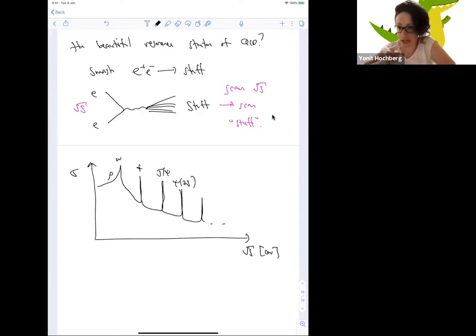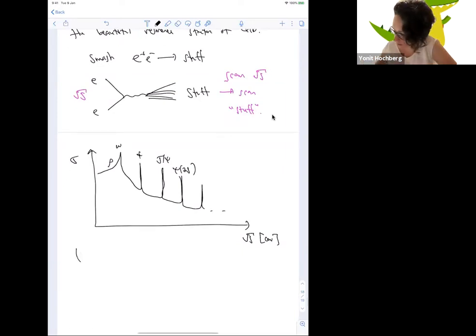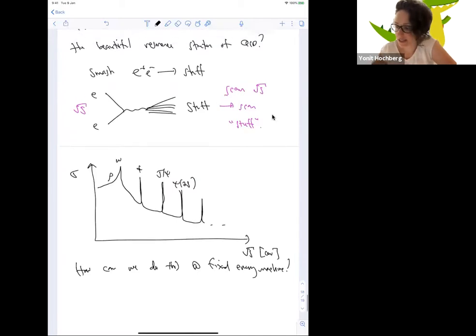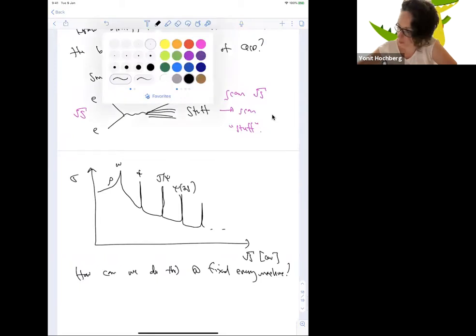But you can ask yourself, how could I hope to see something similar if instead of the ability to scan my center of mass energy, I had a fixed energy machine? How can we do this at a fixed energy machine? The answer is, let's tag on a photon.